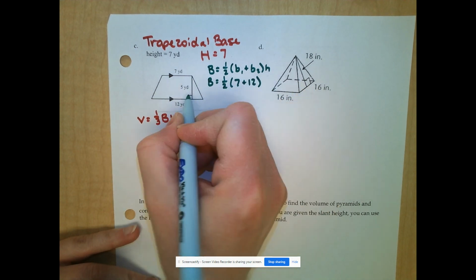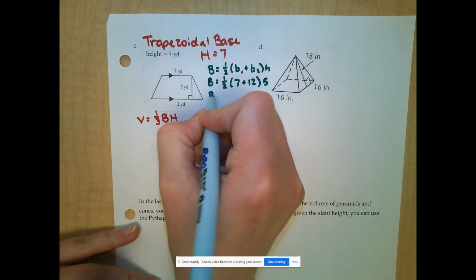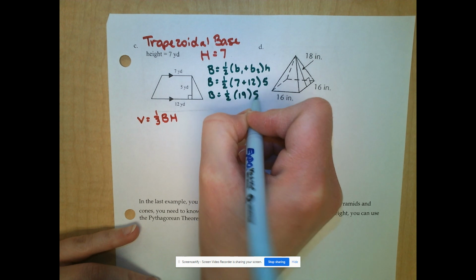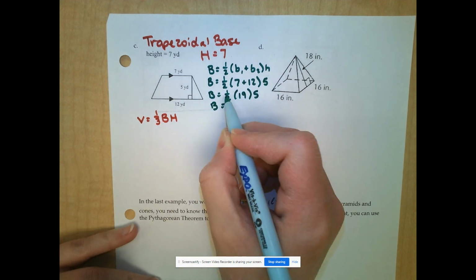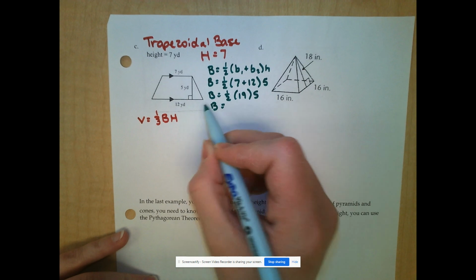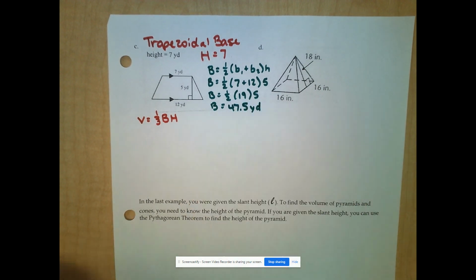They are parallel. And then your lowercase h, the height of that base, is 5. So it's going to be 1/2 times 19 times 5. And no one is going to begrudge you from doing 0.5 times 19 times 5. You can do it right across, and you're going to get 47.5 yards squared. That's the area of the trapezoid.